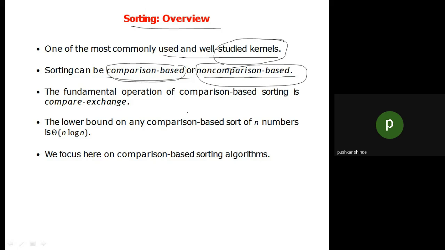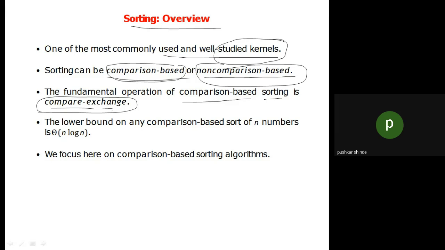The fundamental operation of comparison based sorting is compare exchange. Compare exchange means what? There will be two processors, let's say, each containing one element. They will exchange the elements with each other, and once they exchange, every processor will have two elements.